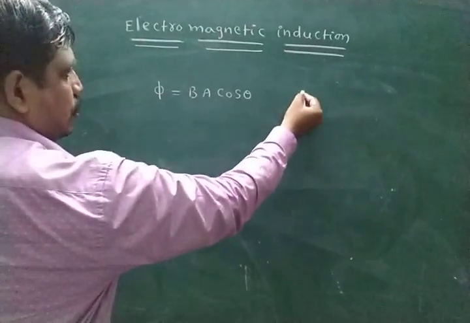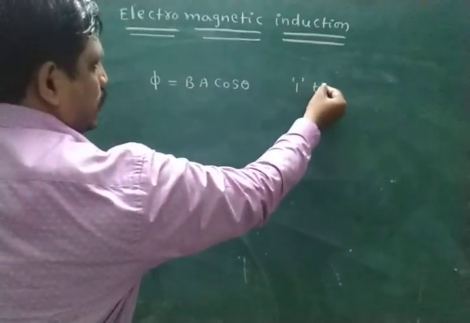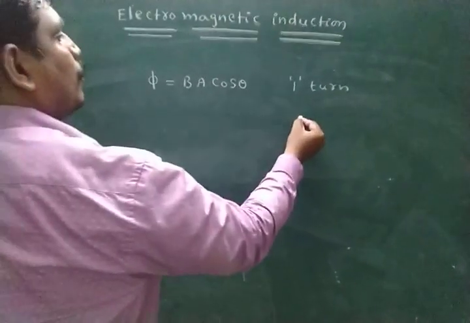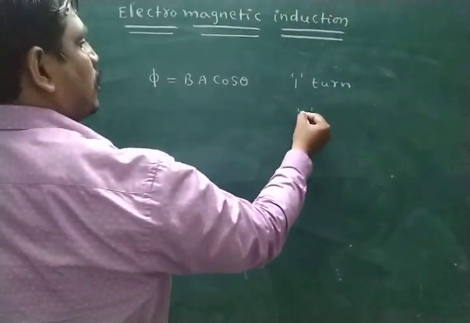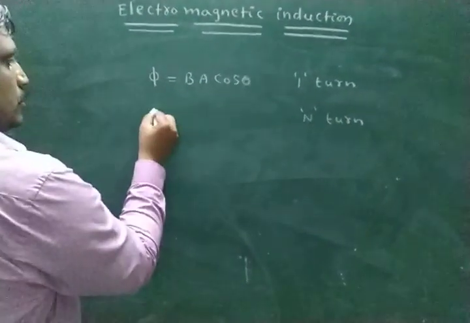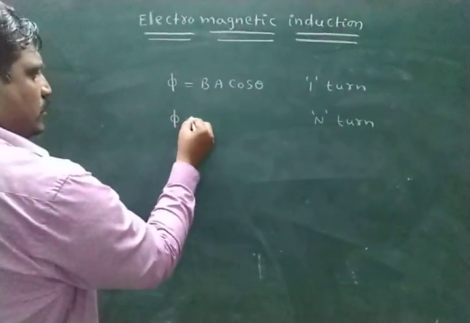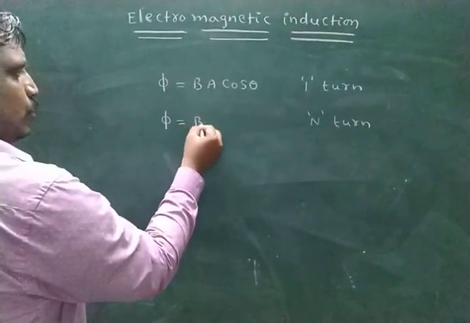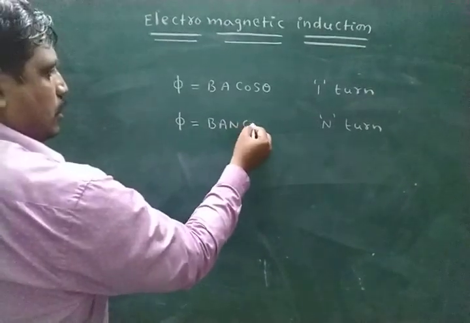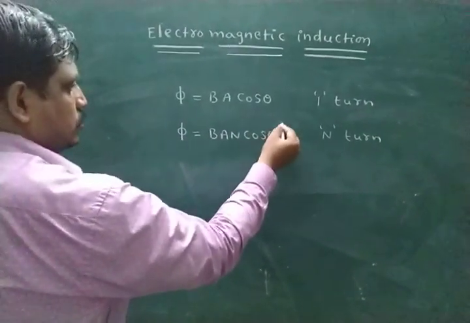This is for a coil with one turn. But every coil has n turns. In that situation, the flux formula is B A n cos theta.